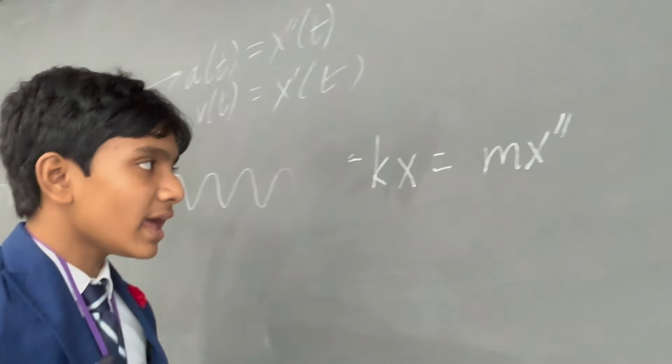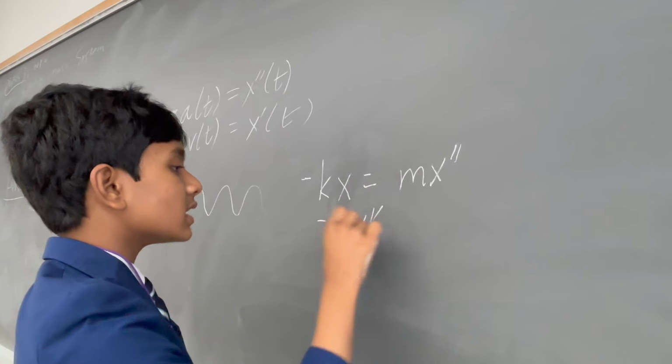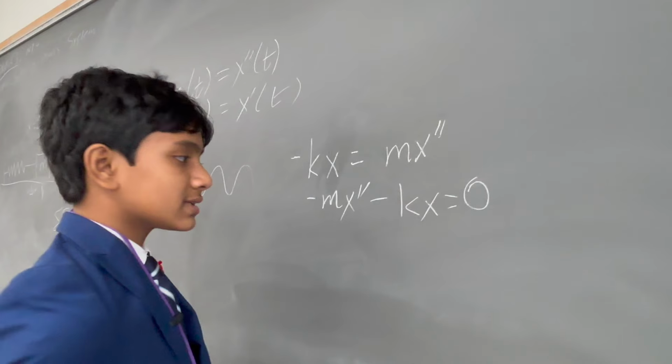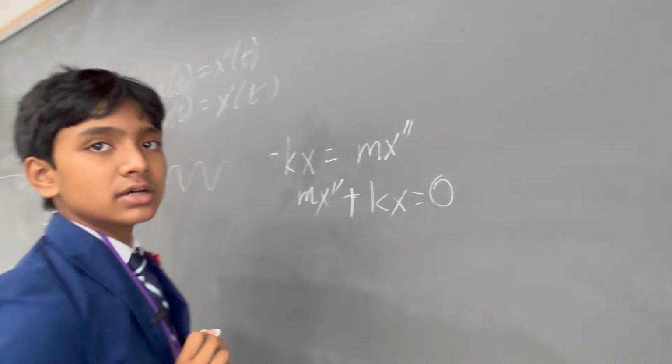So then all we have to do is subtract m x double prime from both sides. And just to make this a little bit nicer, I'm going to make everything positive.